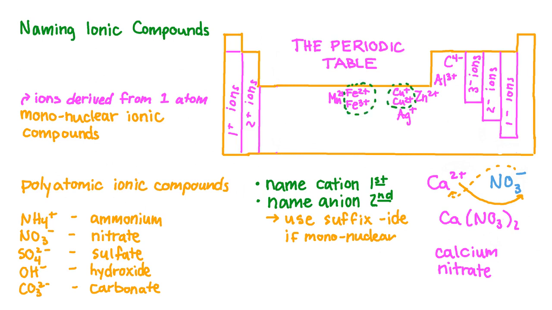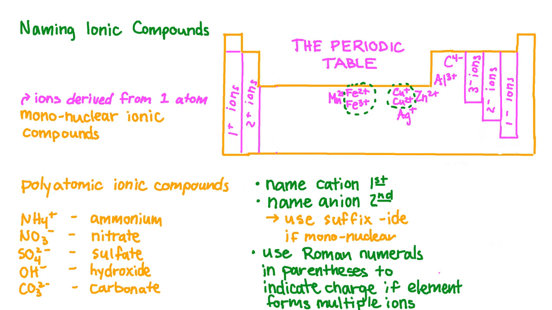There's one last thing that's worth mentioning before we move on from ionic compounds. You might notice that some elements can form multiple ions with different charges, like iron and copper. To differentiate between these ions, we can use Roman numerals in parentheses following the name of the element.